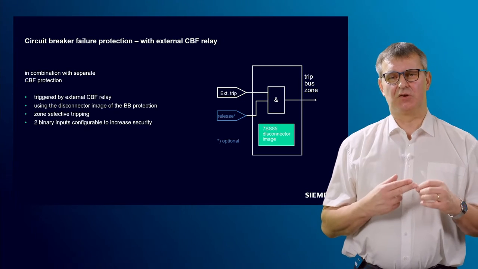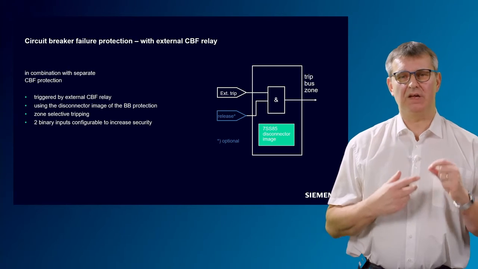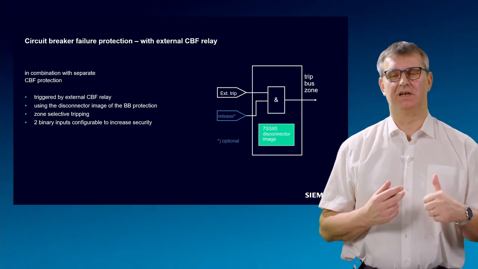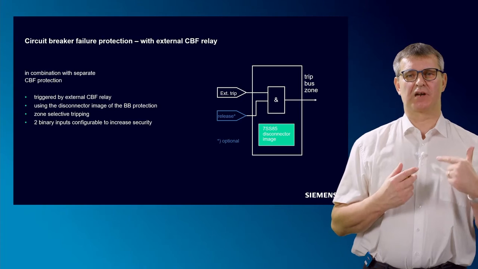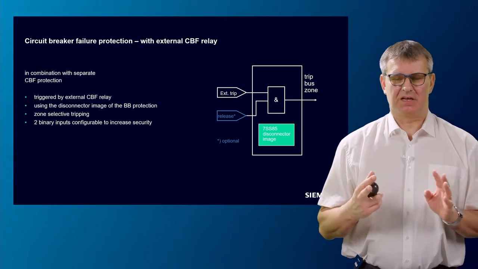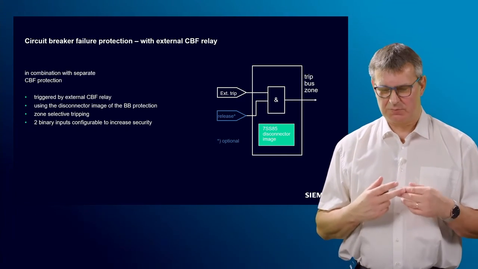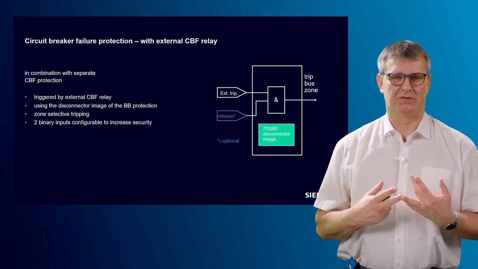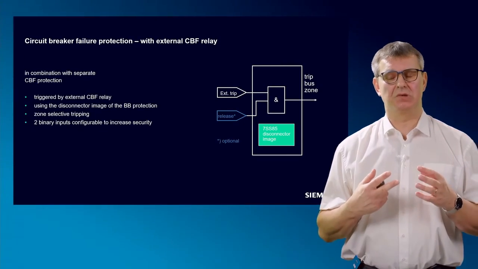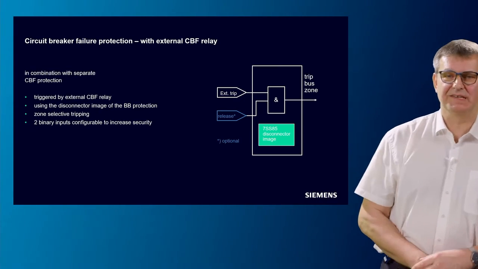And very important, what I wanted to say: with an external trip, you should think about it, that with one binary input, that's one signal, you are able to trip a whole bus zone. That's quite dangerous, and you should really think about it. Therefore, we strongly recommend to use not only one binary input, but at least two binary inputs and to use this additional release contact.